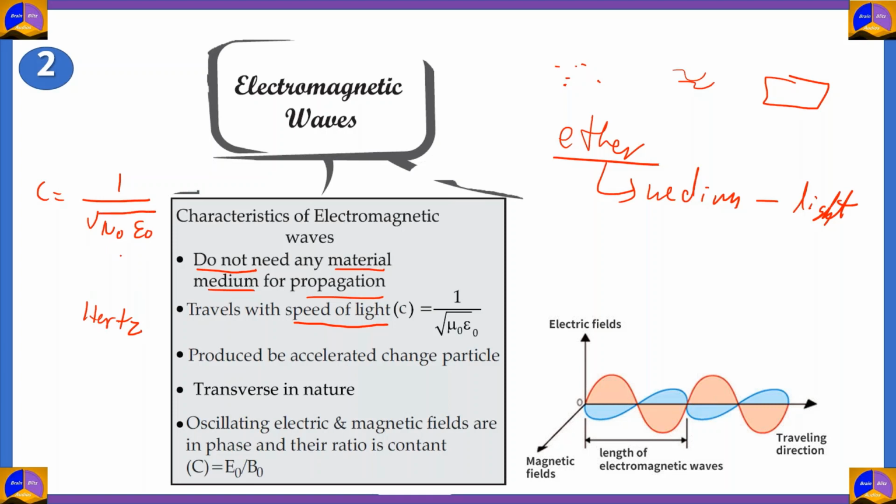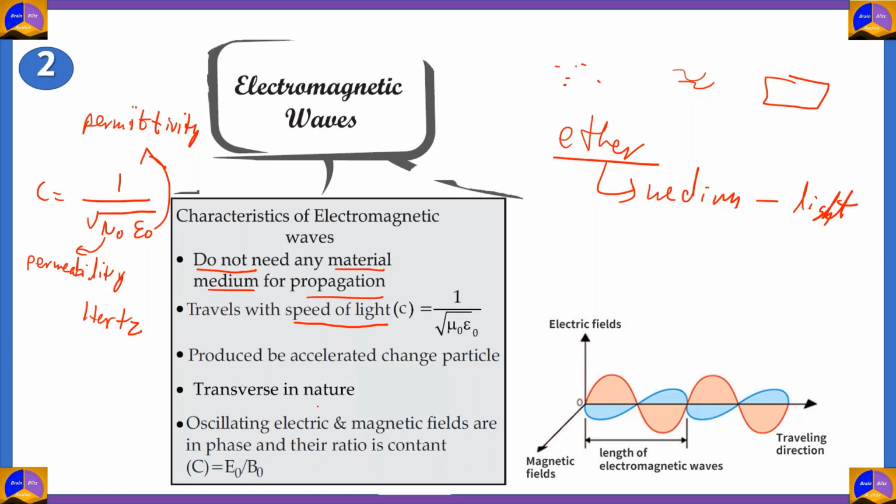Mu naught refers to permeability and epsilon naught refers to permittivity. Both of these are constants in magnetic and electric fields respectively. Right, so let's look at the next characteristic.